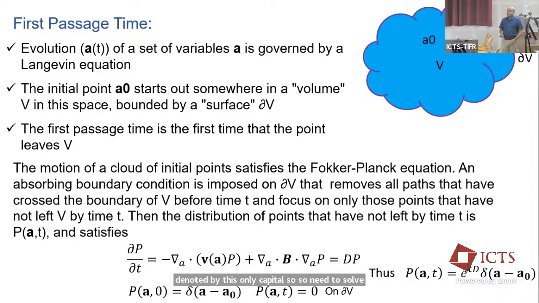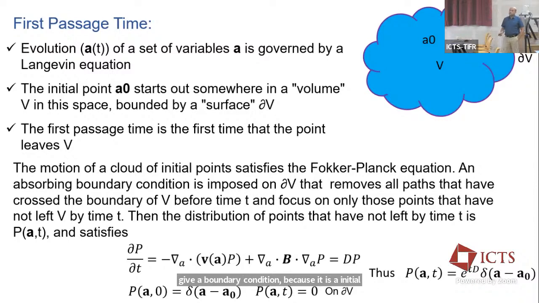If we solve this equation, we will get a probability distribution function, and that distribution function will help you find the first passage time. That is the idea. This is an initial value problem, so we need to give initial conditions, and also a boundary condition in the space part.